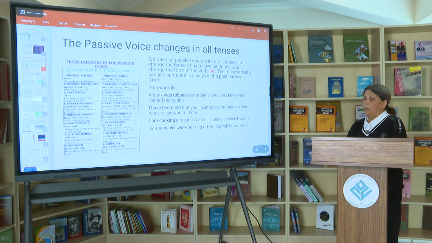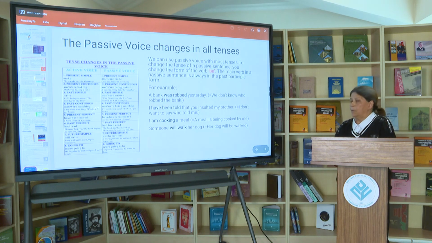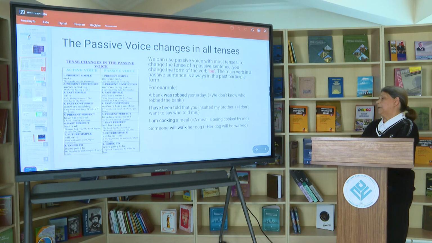In this sentence, by me, we sometimes can use and sometimes we can omit. Or Mahir is talking. In this sentence, we know who is talking. If we turn the sentence into passive voice, we should say, the letter is being written.